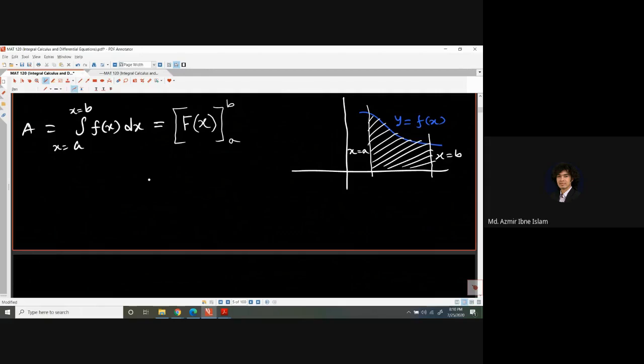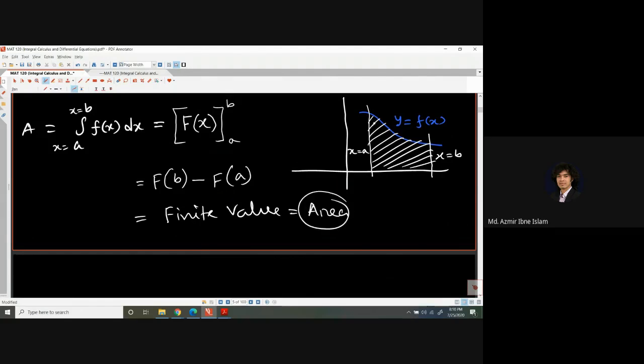What we do is input b in the place of x, then subtract the result of inputting a in the place of x. After the subtraction, you will get a finite value. That will be the area under this curve from x equal to a to x equal to b.